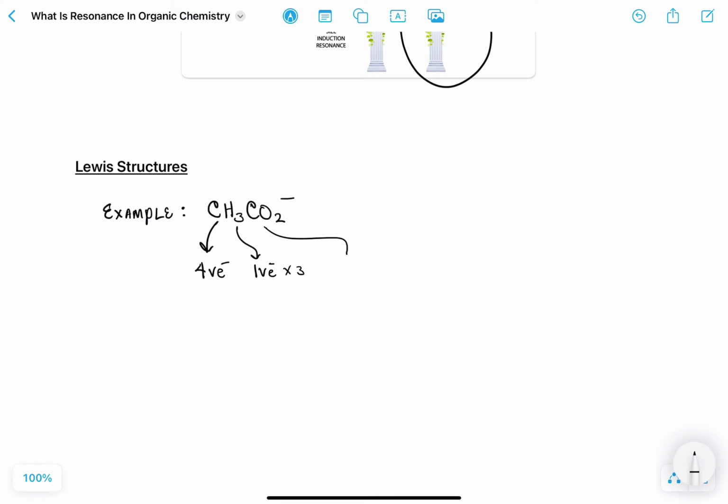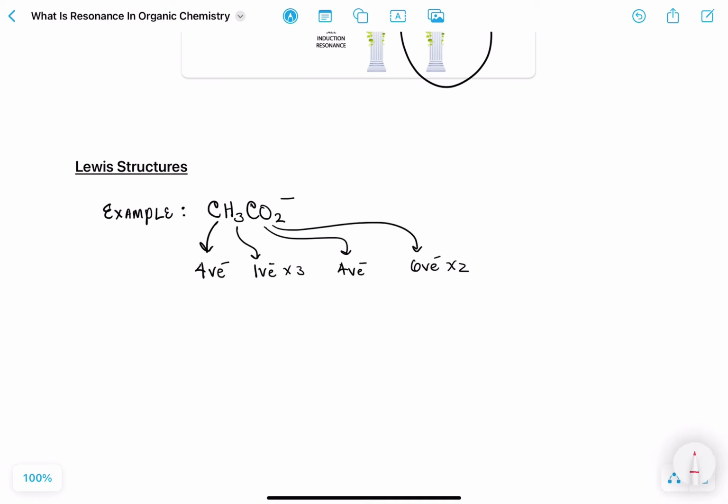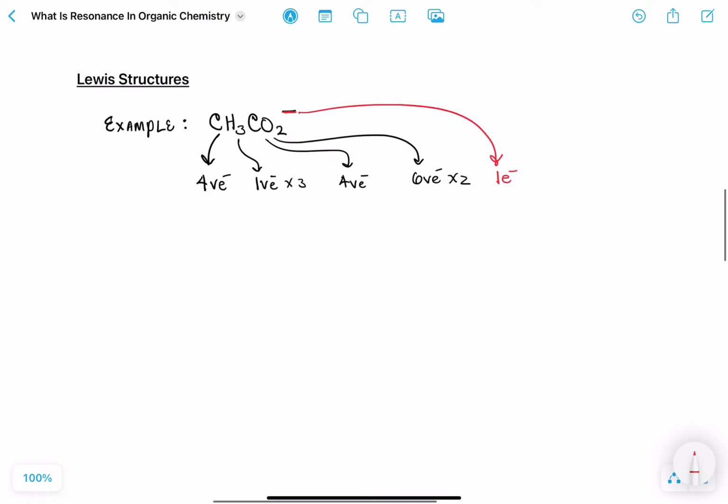There are 3 hydrogens, and then another 4 valence electrons for carbon, and oxygen has 6 valence electrons, and there's 2 of them. We can count the overall number of electrons, but I'll just go ahead and draw the structures without them for now. I'll go ahead and also put this negative charge in red. Now, negative charge indicates that we have an additional electron present somewhere in the molecule.